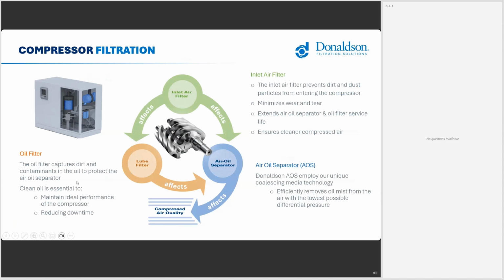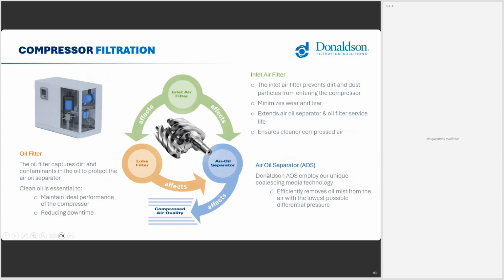So also for the oil filter, that has a big impact if you are removing contaminants like particles very efficiently in that stage. That helps to have a perfect retention efficiency and lifetime of the air oil separator.